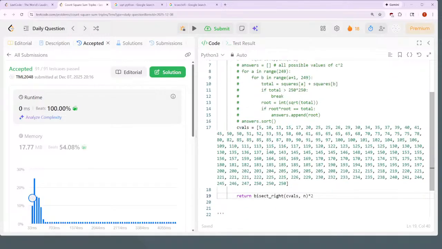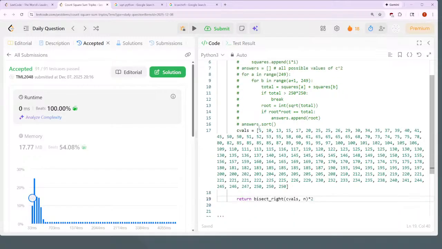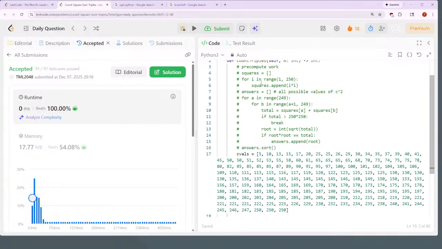So, was there a faster way than doing this pre-compute work? I'm gonna say yes. I think there was probably some non-brute force way. Like I think there's some algebraic way of finding where the triples are and where the next kind of smallest triple might be.